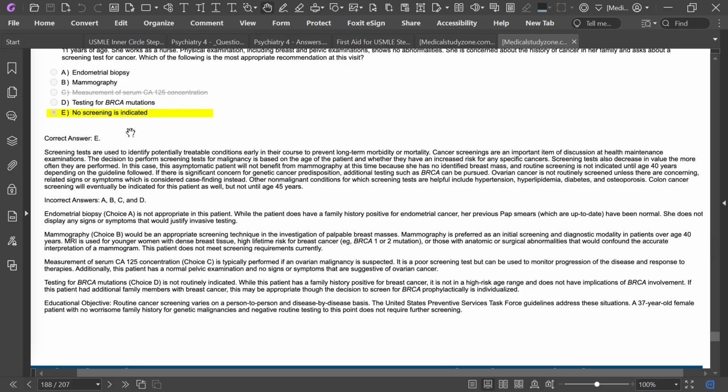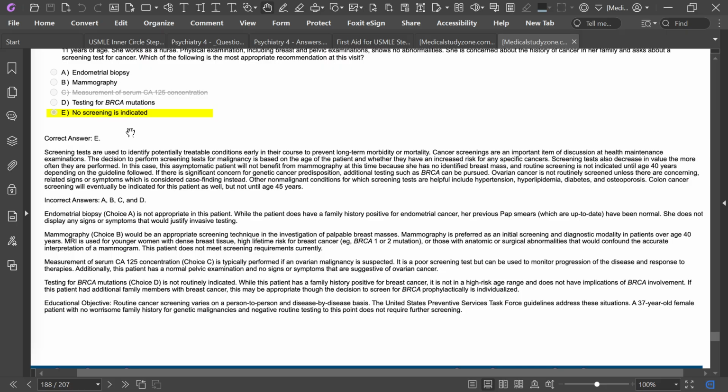Is there an age, is that what you mean? If there is a specific age for BRCA. Okay, I am reading. You said what option? D, okay, as in D.